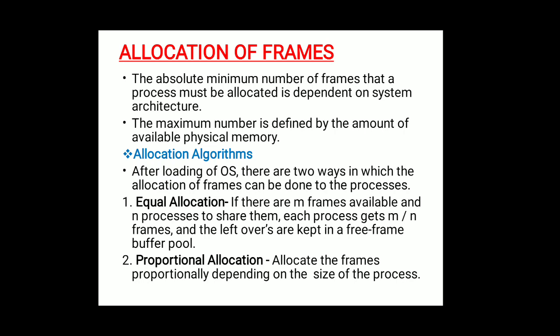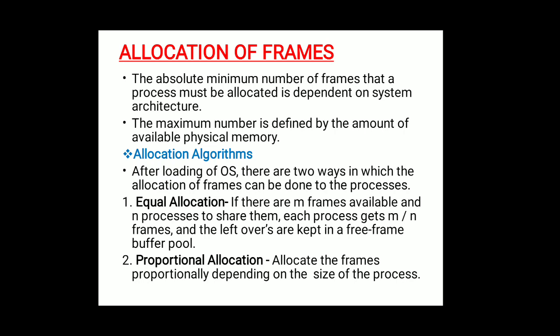As the number of frames allocated to each process decreases, the page fault rate increases. So the page fault rate is going to increase when the number of frames allocated decreases, and it is going to make the execution speed very slow.